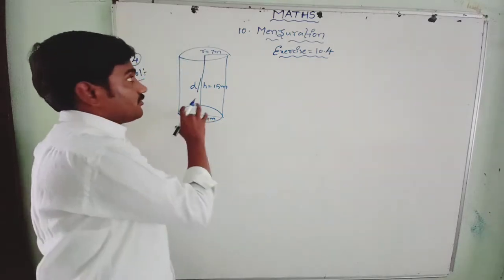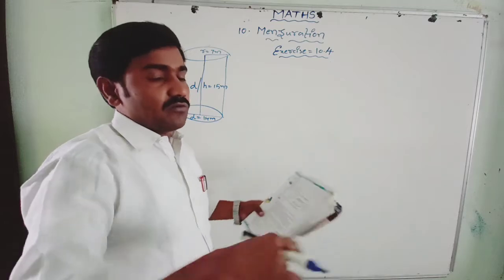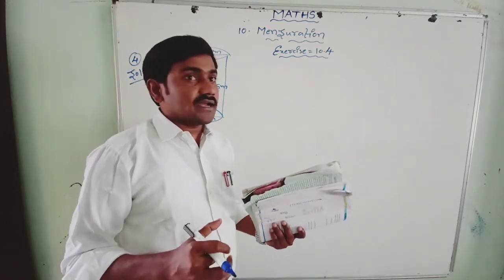ఏం చేశాడు, ఈ బావి నుంచి వచ్చినటువంటి మట్టిని ఒక ఎంబాంక్మెంట్ కట్టాడు. బావి చుట్టూ ఎంబాంక్మెంట్ అంటే గద్దె లాంటిది.